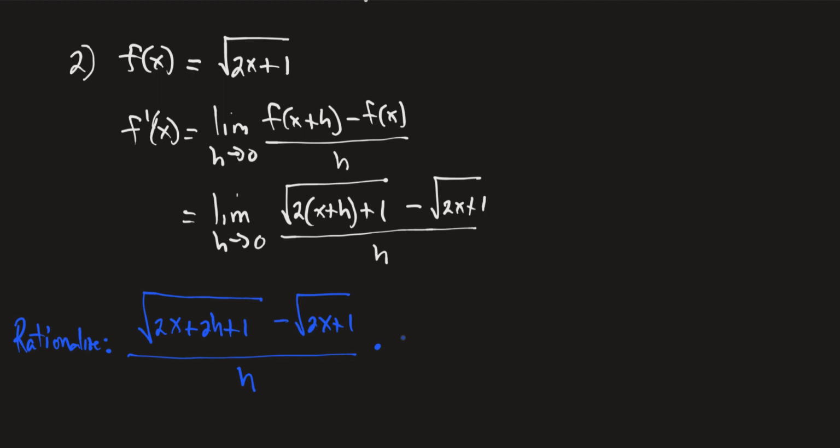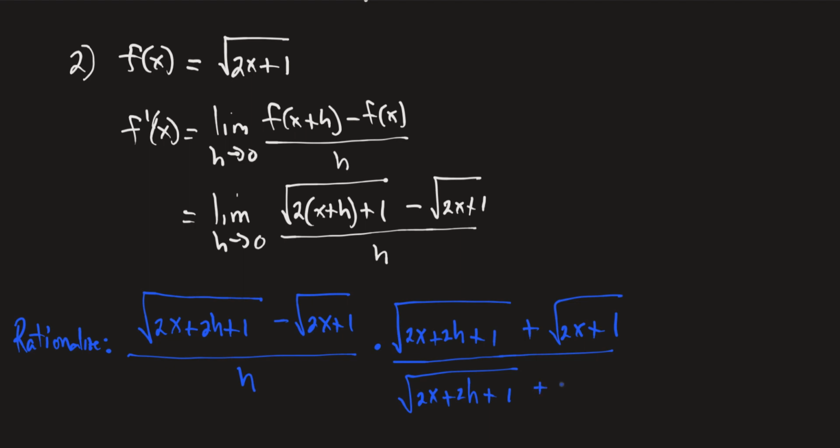So it's going to be times the square root of 2x plus 2h plus 1 plus the square root of 2x plus 1 all over the same thing. Square root of 2x plus 2h plus 1 plus the square root of 2x plus 1.